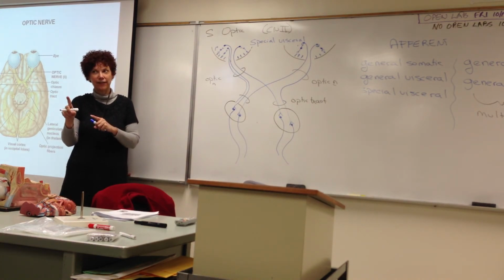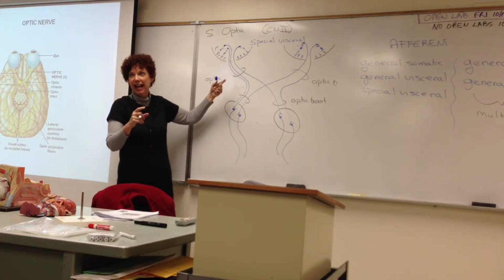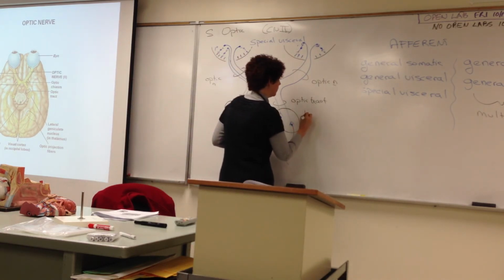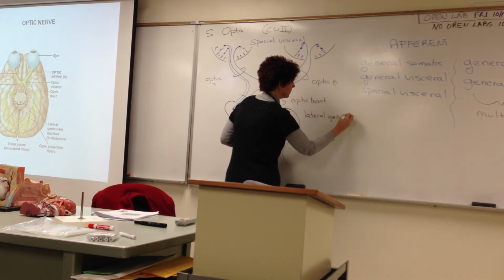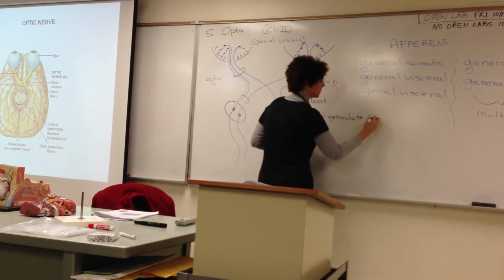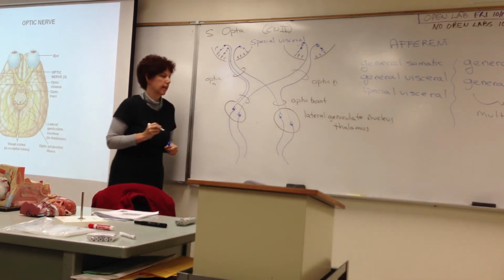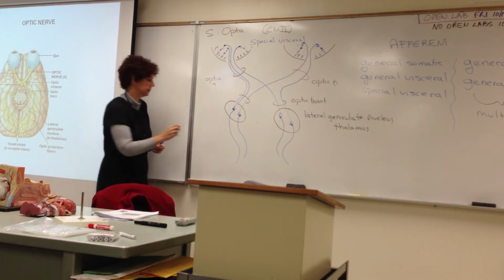It's inside the diencephalon, so it's inside the central nervous system. So it's a nucleus. The ganglion would be up here, okay, outside of the central nervous system in the retina. This is the thalamus, so this is the lateral geniculate nucleus of the thalamus. And then it ends up in our primary visual cortex of the occipital lobe.